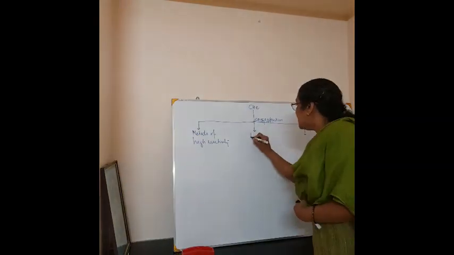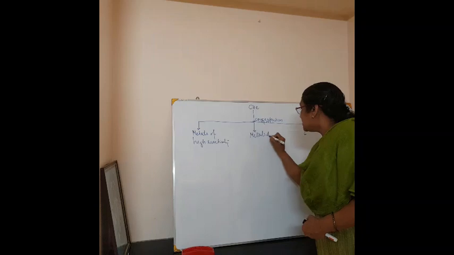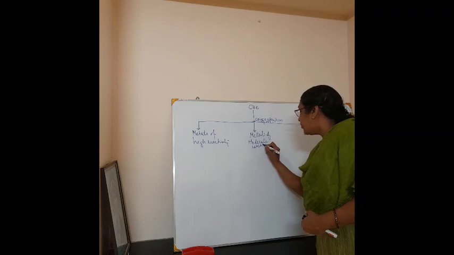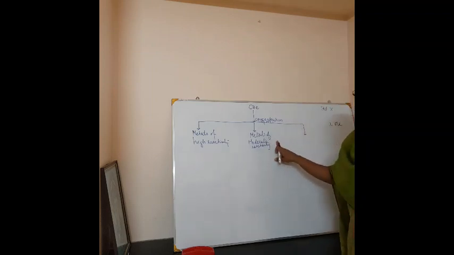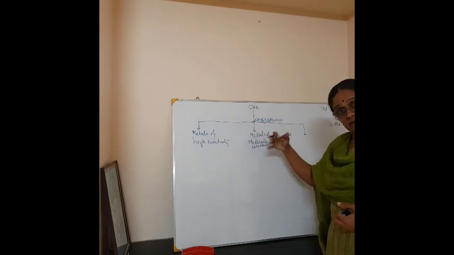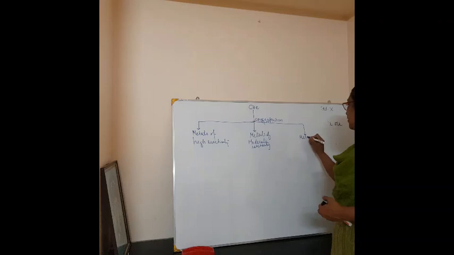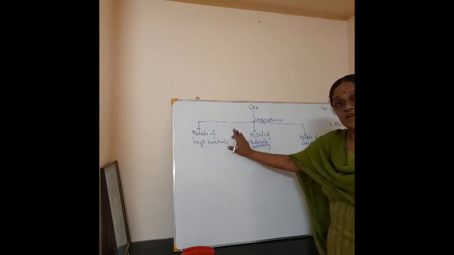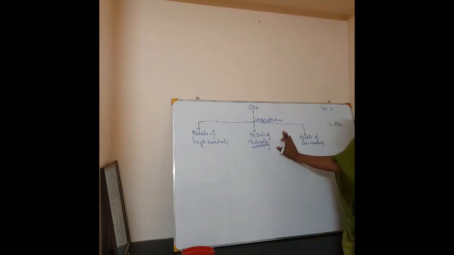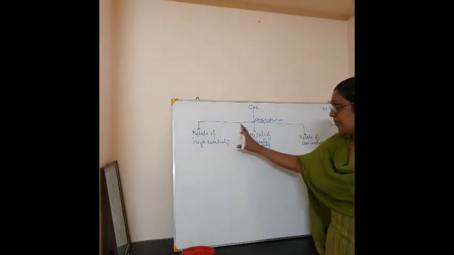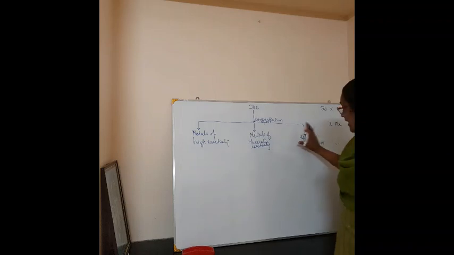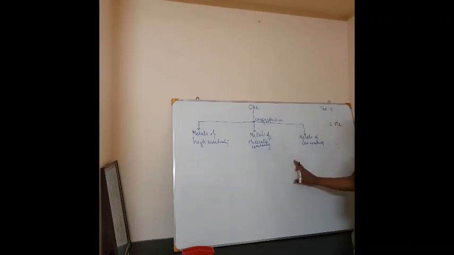And then comes the metals of moderate reactivity. Moderate reactivity means which metals? The zinc, lead, copper, etc. Okay. Then comes the metals of low reactivity. So, according to the reactivity, the metals can be classified as the metals of high reactivity, the metals of moderate reactivity, and the metals of low reactivity.